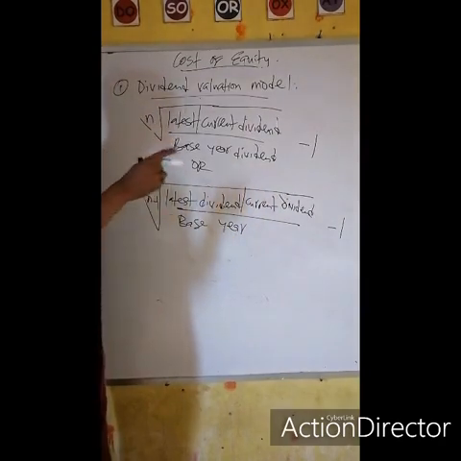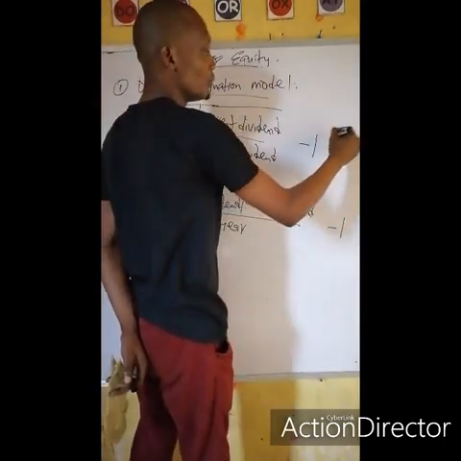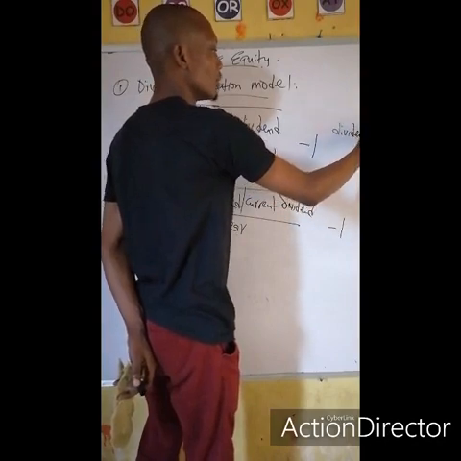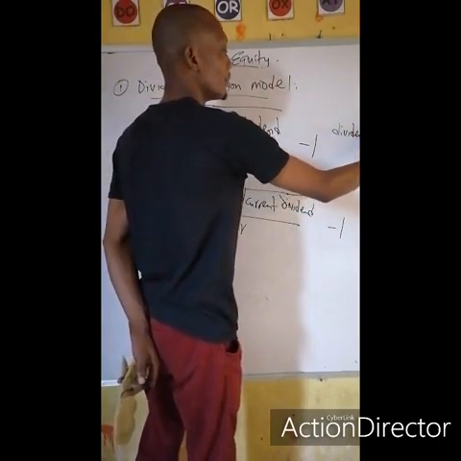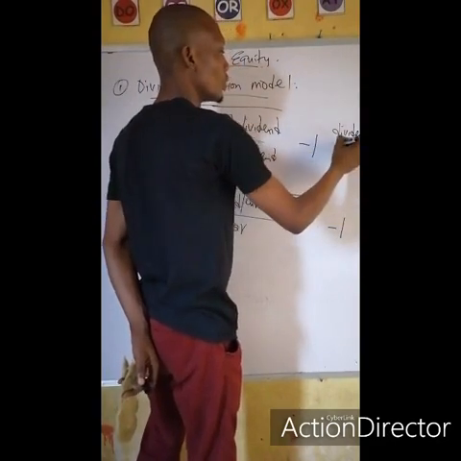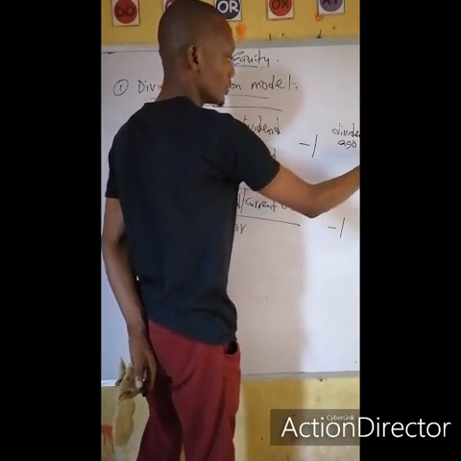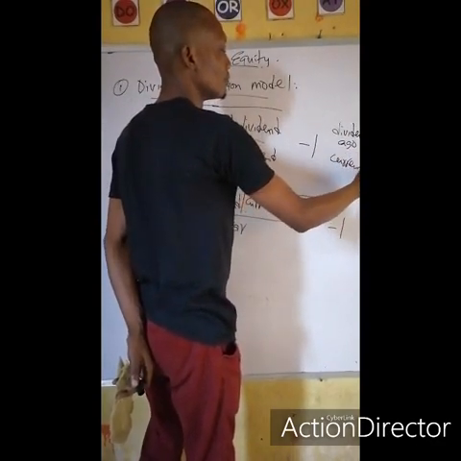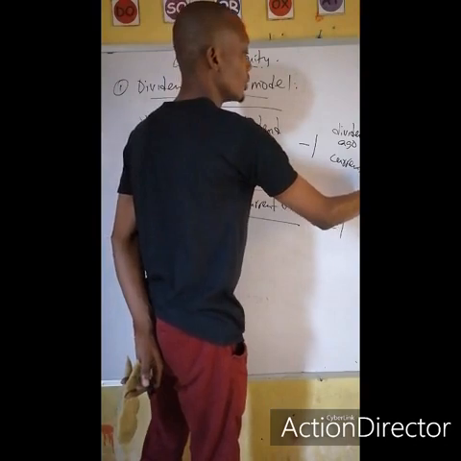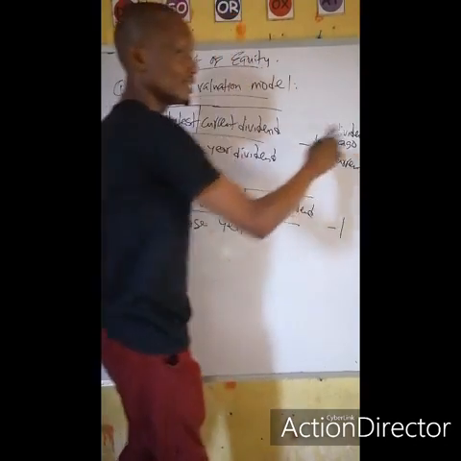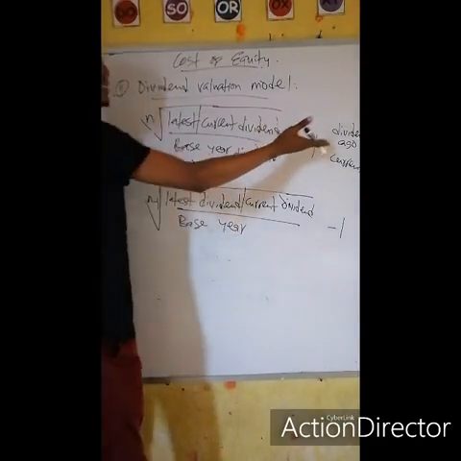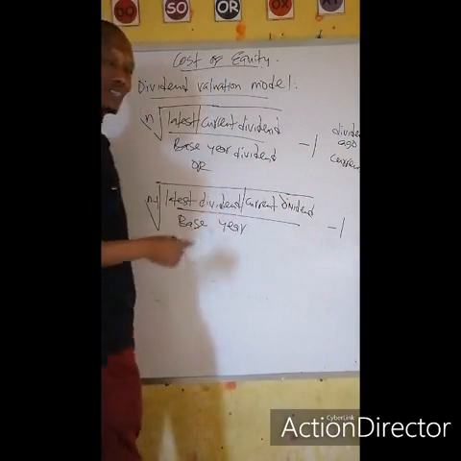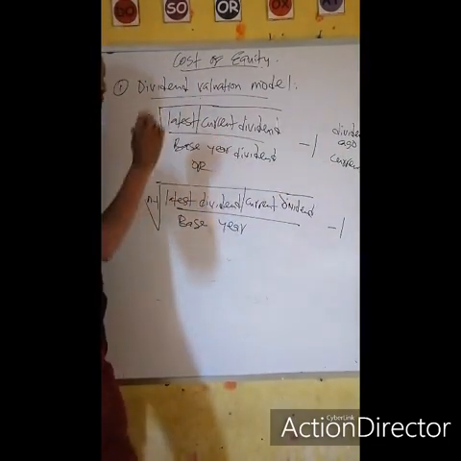For example, the dividend paid 5 years ago is 50 kobo and the current dividend is 70 kobo. You can see we are specifically given the dividend paid 5 years ago and the current dividend. In this wise, this is the formula we are going to use.